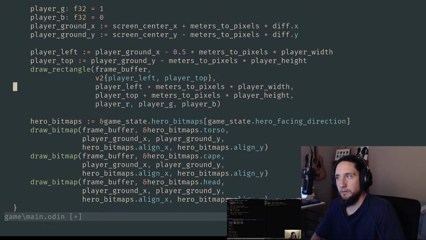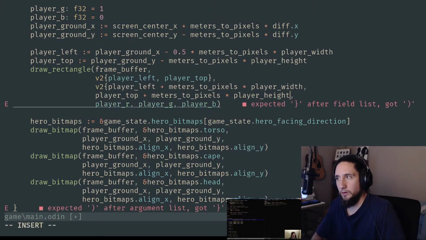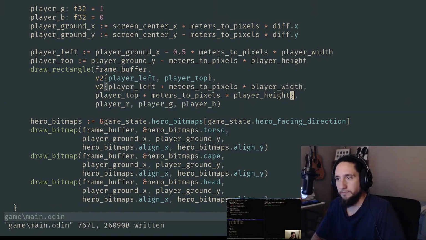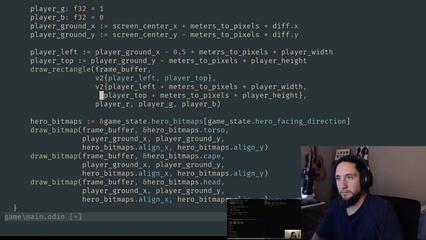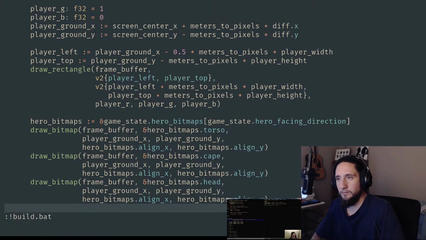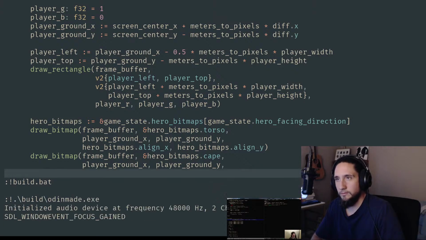And then this big old chunk of code represents the max, right? Yep.